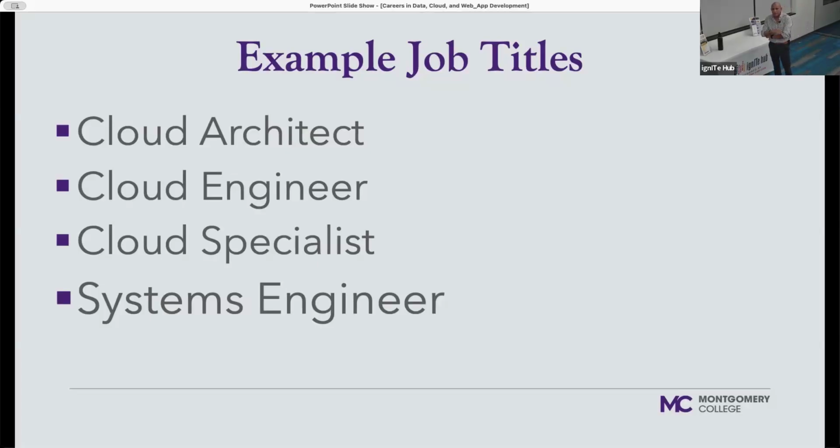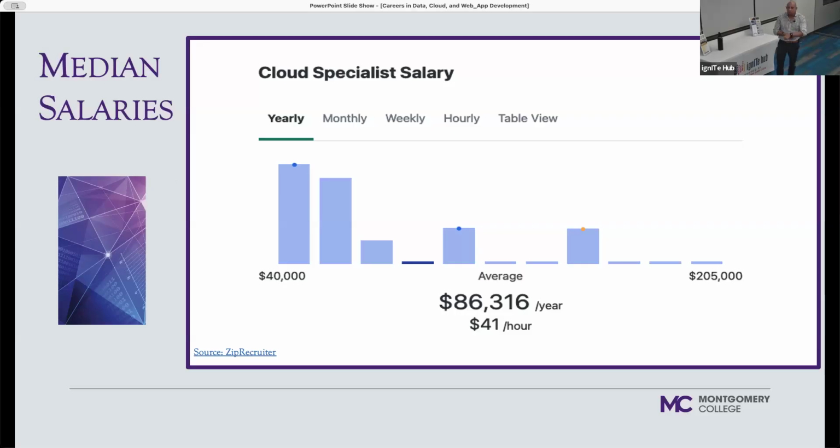Let's go to the next slide and talk about the cloud specialist, specifically the salaries. Like I said in the last one, look at the median and the distribution. The distribution on this one is a little skewed and a little weird, because you have a lot of people on the entry-level part, more on the left.